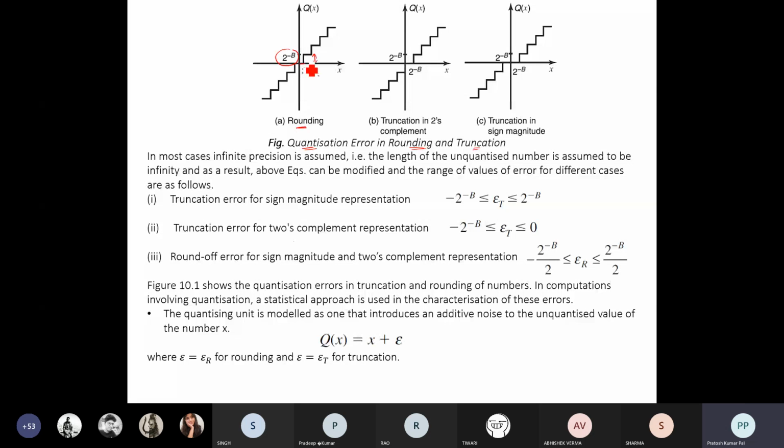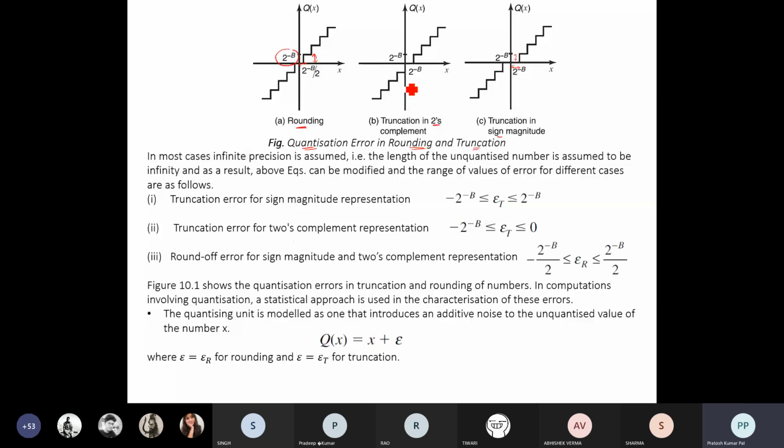It is half of this magnitude value. But in case of truncation for 2's complement and sign magnitude, it will have this 2 to the power minus b, the highest and the lowest values. Okay, so this is 2 to the power minus b, and here it will also be 2 to the power minus b. The same mirror will be in terms of the 2's complement also.